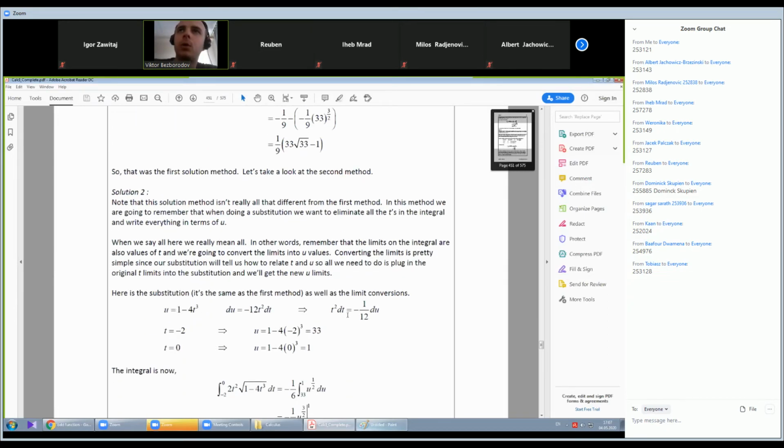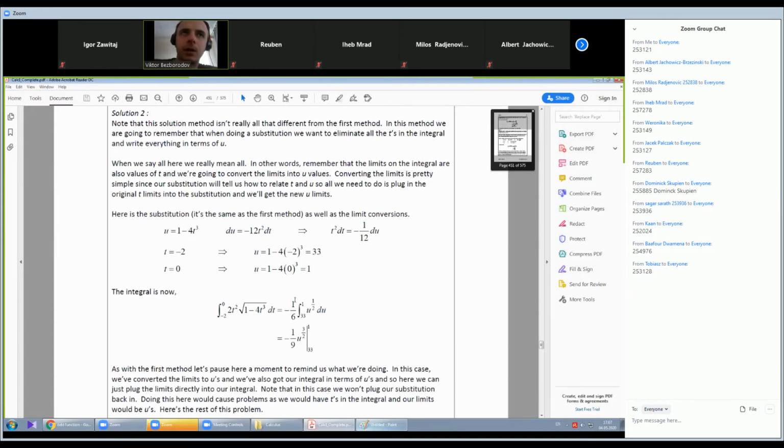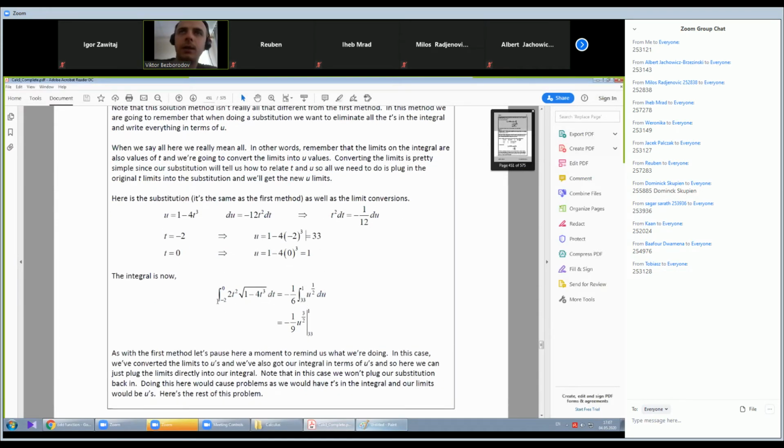So you make the substitution, you recompute du and dt, and that's fine, but you also recompute the limits of integration. This is how you can do it.